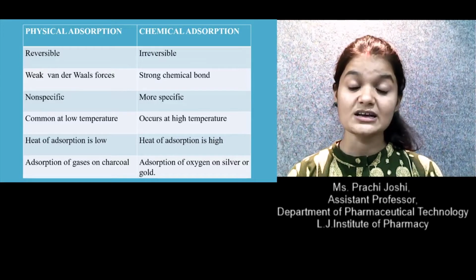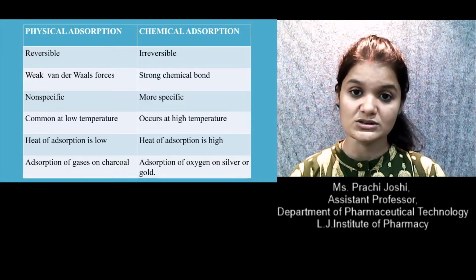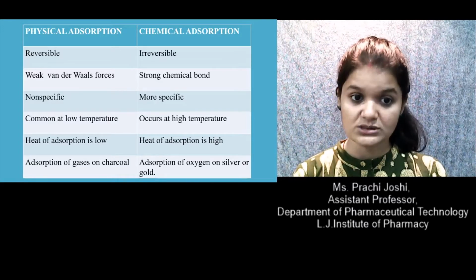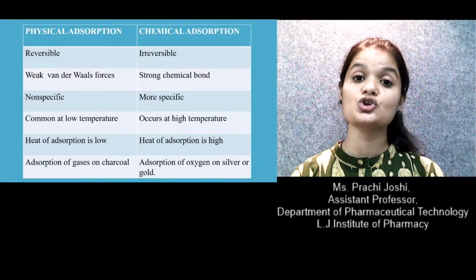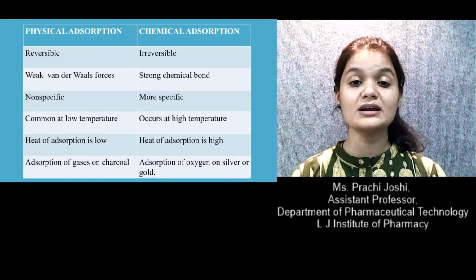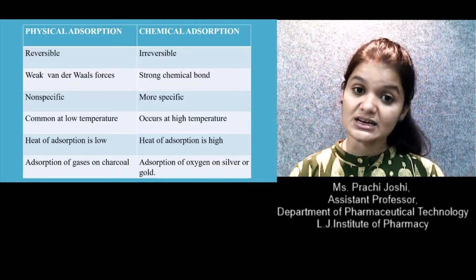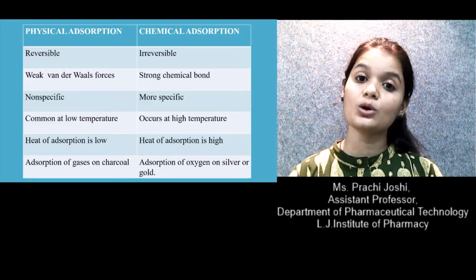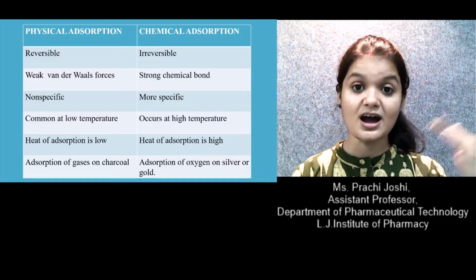Now, physical adsorption involves weak forces, or weak van der Waals forces, but chemical adsorption involves a strong chemical bond. Physical adsorption is non-specific, while chemical adsorption is more specific. Physical adsorption is common at a very low temperature, while chemical adsorption takes place at a higher temperature.